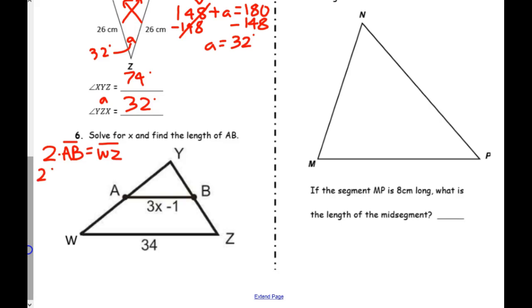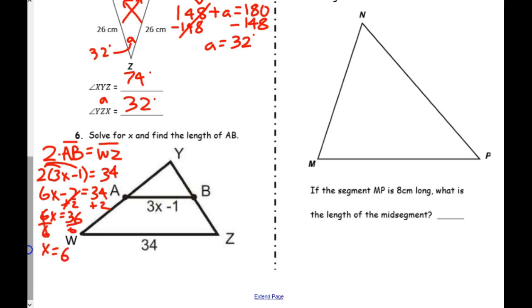So 2 times 3x minus 1 equals 34. Let's distribute. 2 times 3x is 6x. 2 times negative 1 is negative 2. Equals 34. Add 2. Add 2. 6x equals 36. Divide by 6.